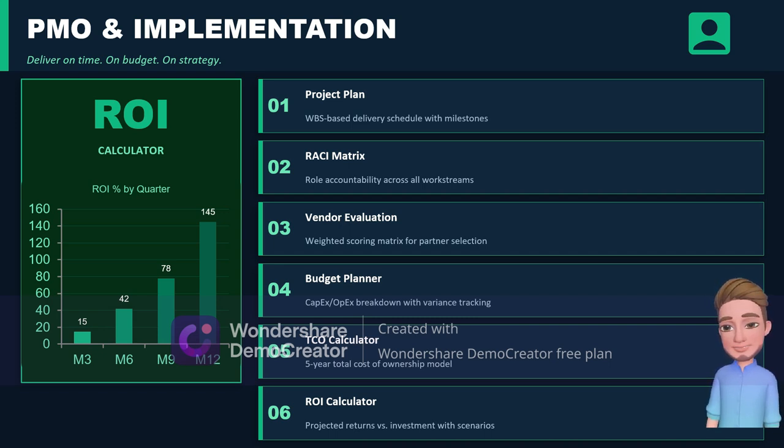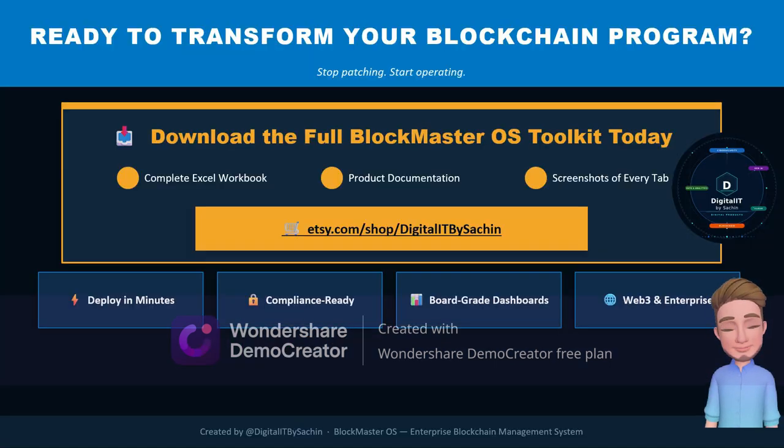The vendor evaluation matrix gives the procurement team a defensible partner selection framework. And critically, the budget planner, the TCO calculator, and the ROI calculator give your CFO the numbers they need to approve and sustain funding. Whether you are managing a 500K pilot or a 50 million enterprise rollout, Blockmaster OS gives your PMO the financial and operational intelligence to succeed.